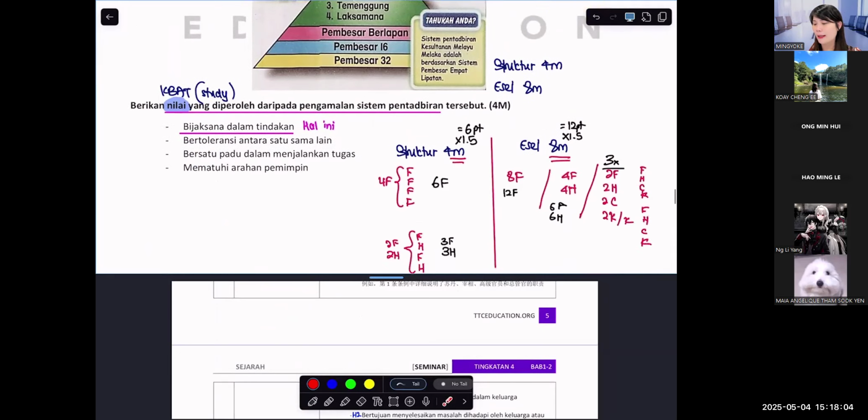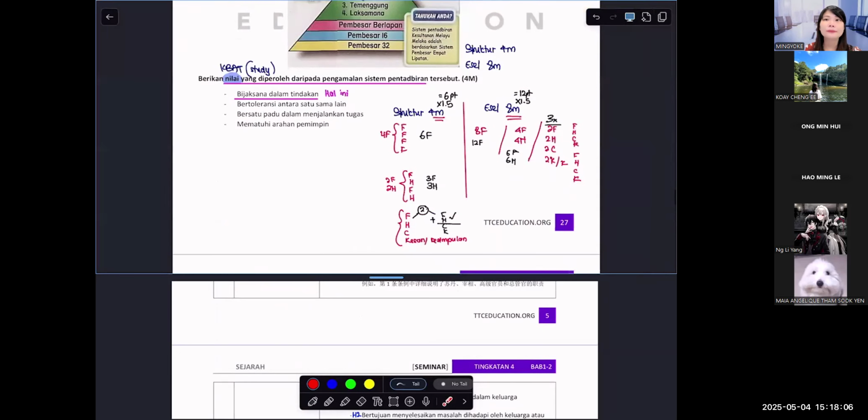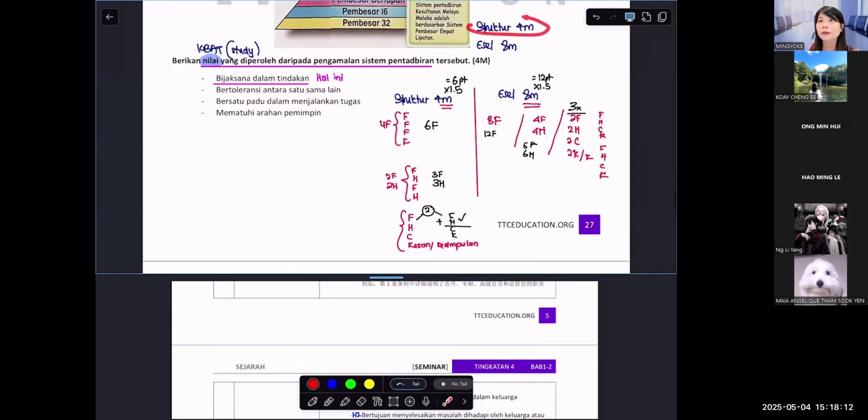Okay, guys. KBAT, look here. Everybody look at the KBAT. Now, the thing is, KBAT is divided into structure and essay. Structure is 4 marks. Essay is 8 marks. Generally lah. Generally. Okay?